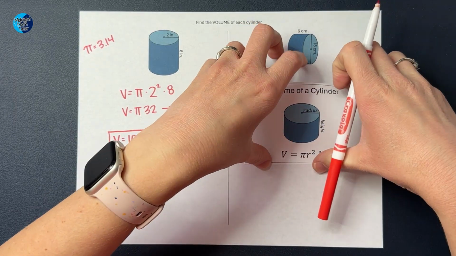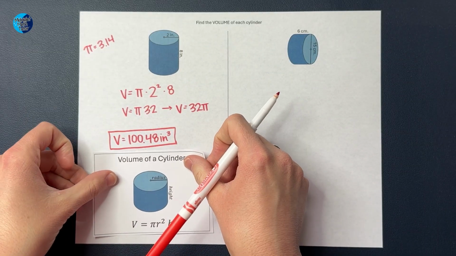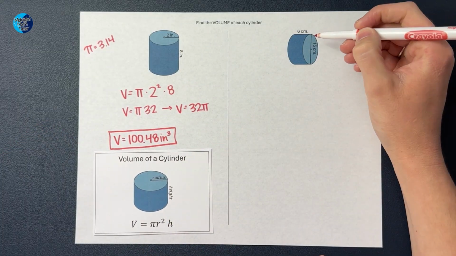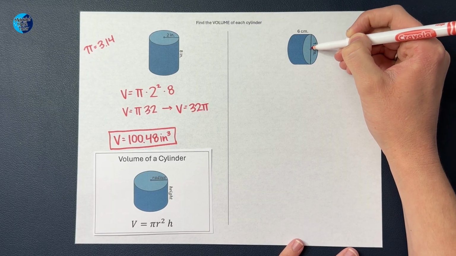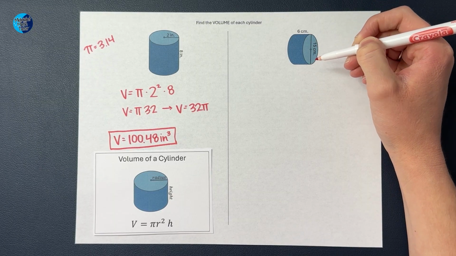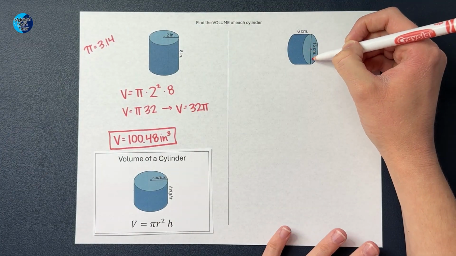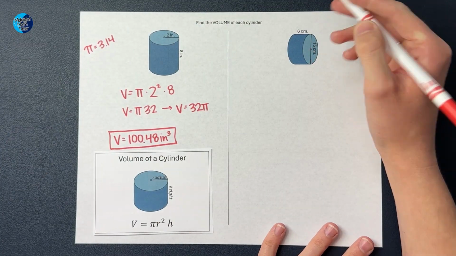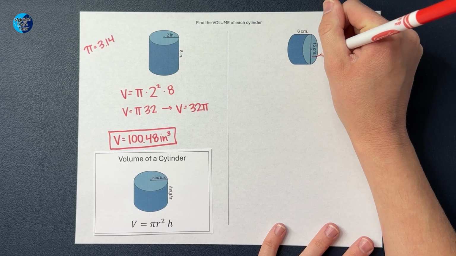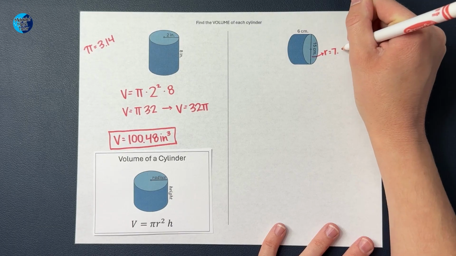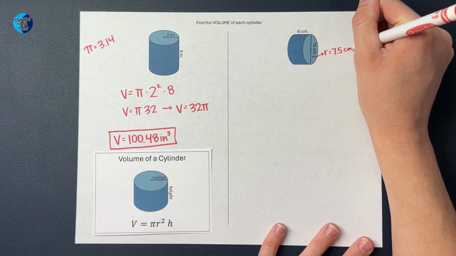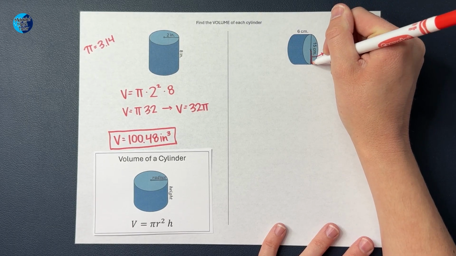Okay. All right, let's do this other one. Only thing that's different about this one is they've given me the diameter. They've given me all the way across my circle, but I want the radius, which is halfway across. Okay, so I just take 15, divide it by 2. So my radius is 7.5 centimeters, just halfway across.